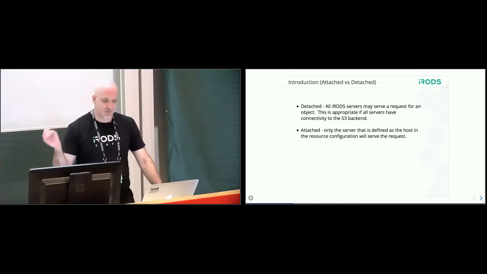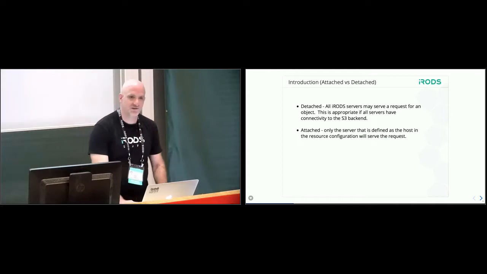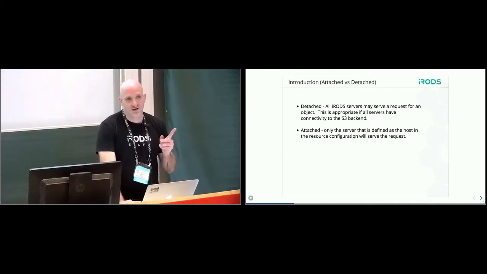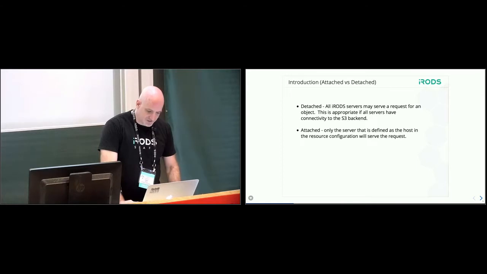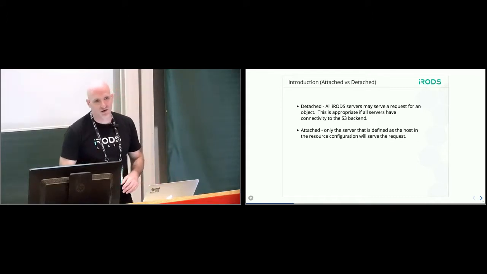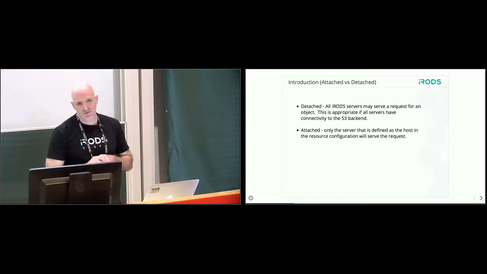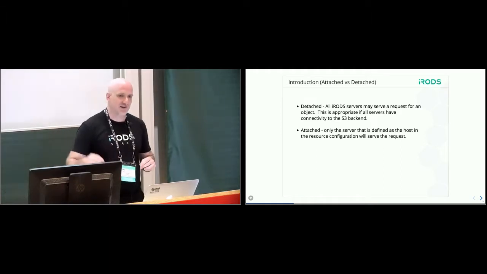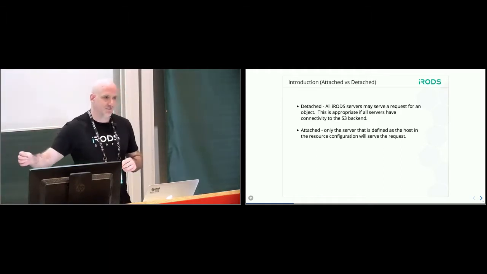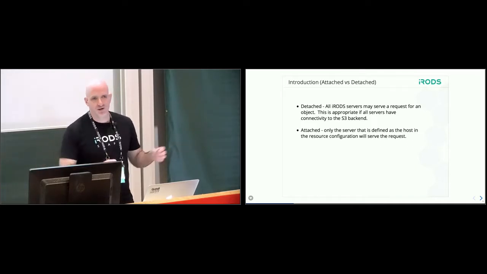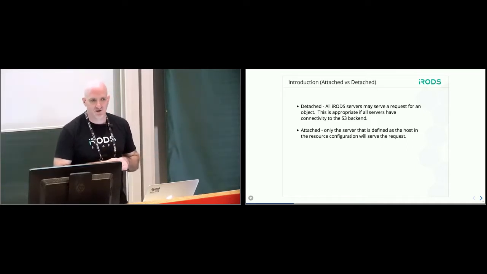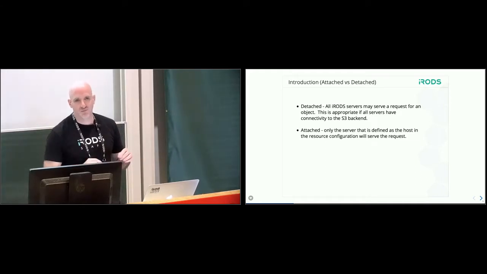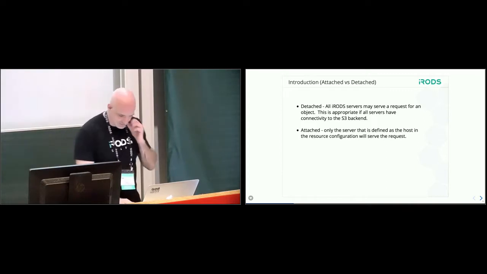So any resource server can serve up the request. Attached means that even though it's possible to have detached, you can peg it to a specific server. And that might be necessary if only certain servers have access to the backend S3. That could be your architecture where there's no connectivity, because of firewalls or whatever, from all of the iRODS servers to the S3 backend.